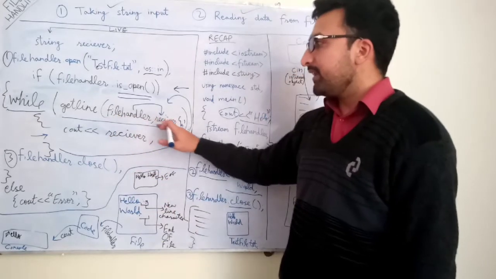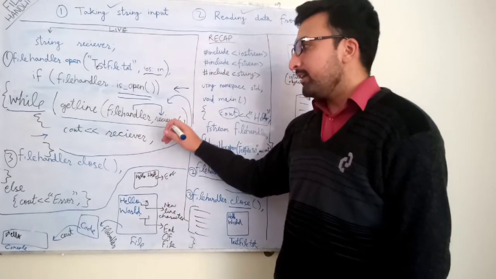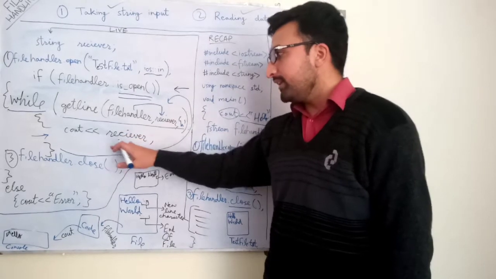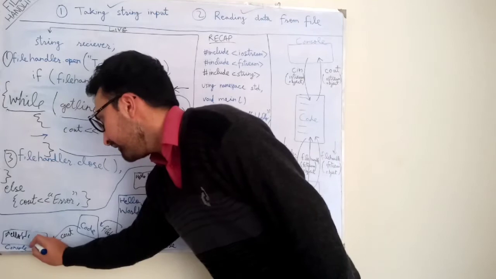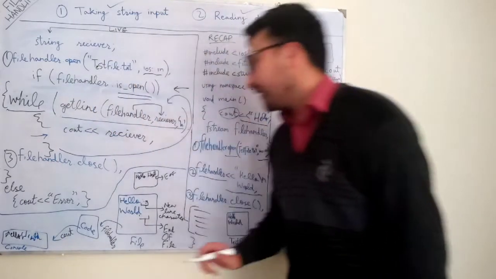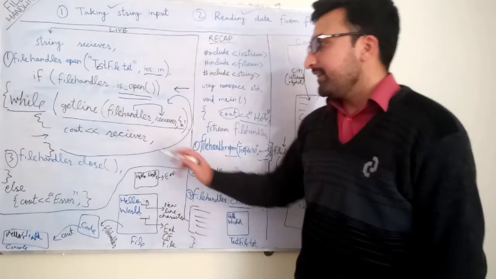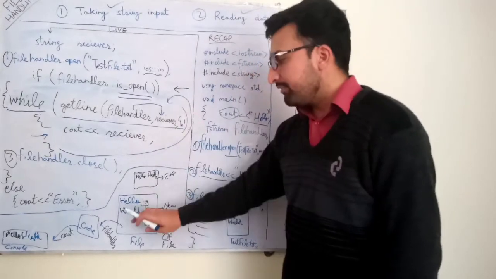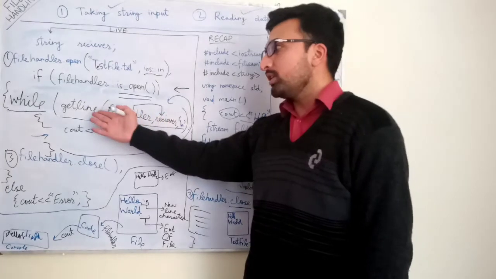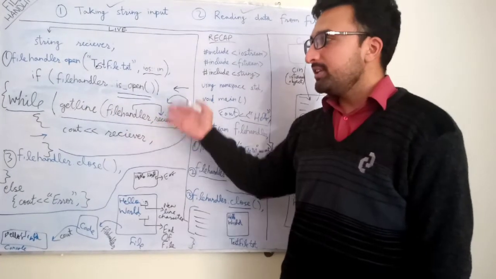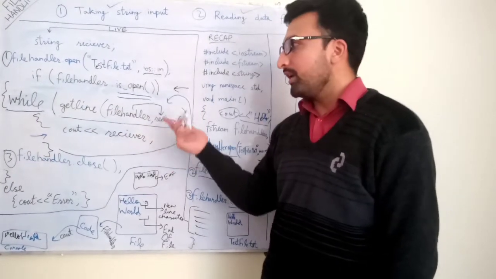So we read things until the end of file arrives, and now the receiver holds the value world. Now world will be printed onto the console. Now it will go back. Now we have reached the end of file, so it will not be reading anything. So the getLine function will just be returning null or 0 or false.